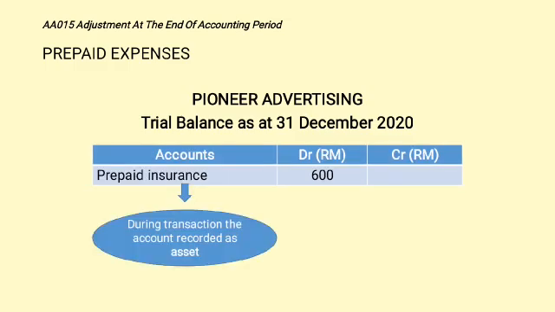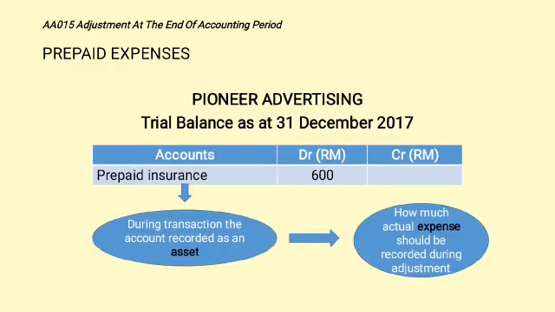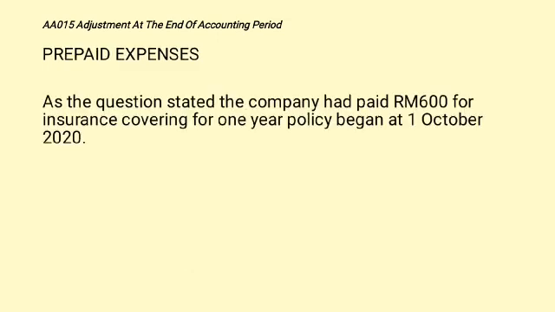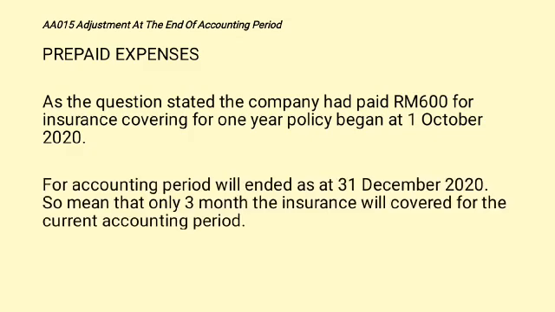Now, what we want to find is how much the actual expense should be recorded during the adjustment. As the question stated, the company paid RM600 for insurance covering a 1 year policy beginning at 1st October 2020, and the accounting period ends on 31st December 2020. It means that only 3 months of insurance cover the current accounting period.